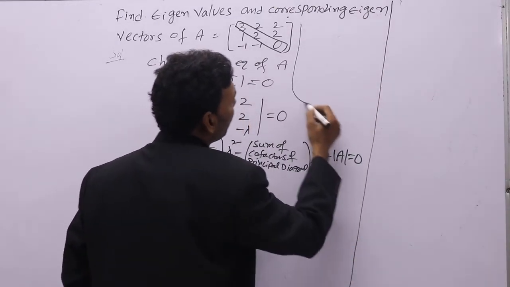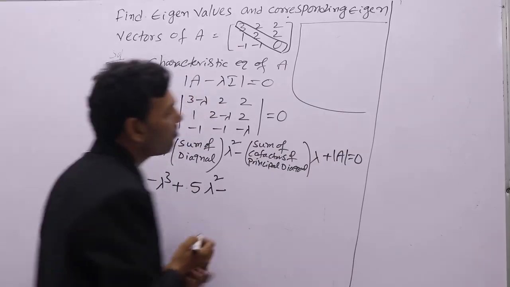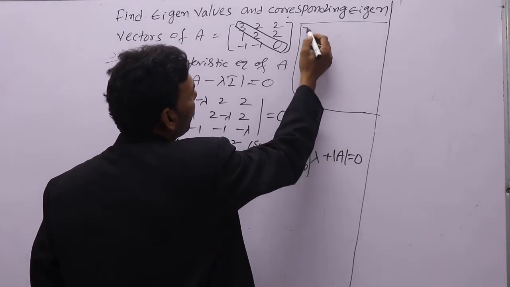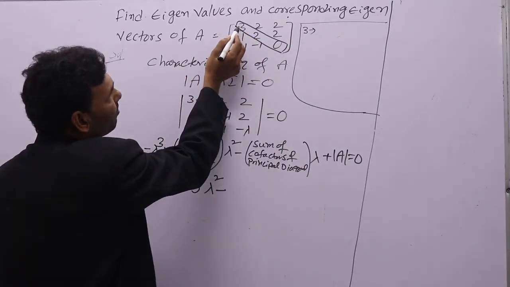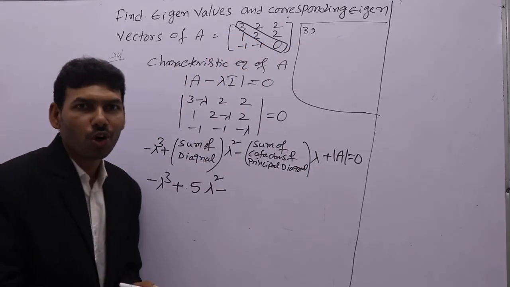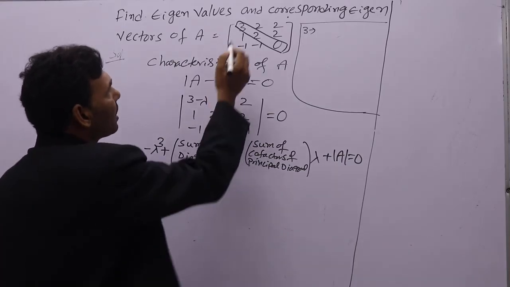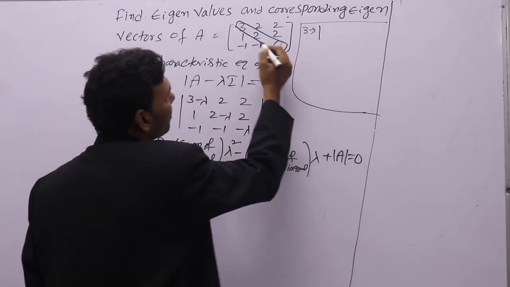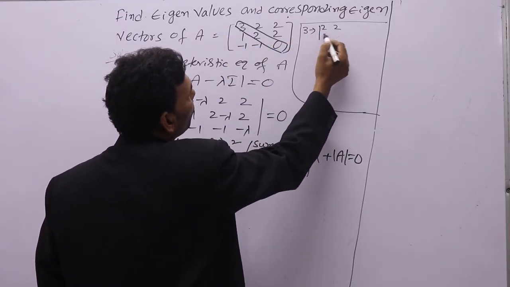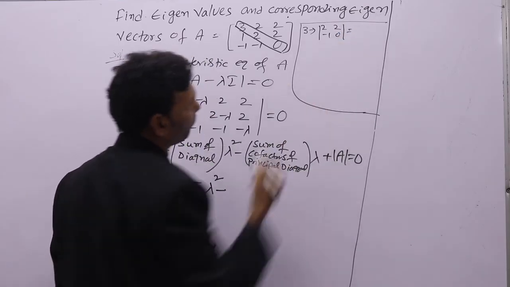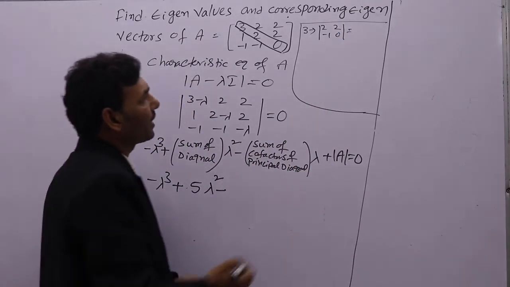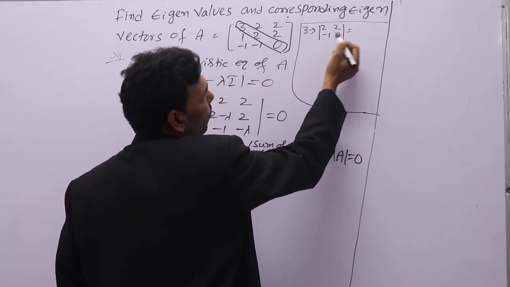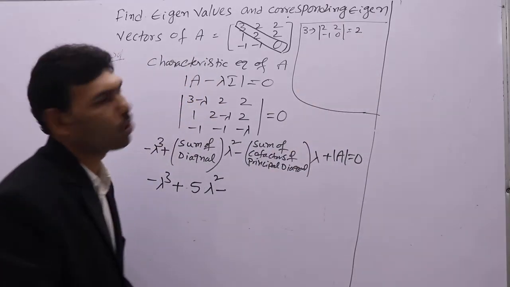In the previous problem I said how to calculate it. The principal diagonal elements are 3, 2, 0, and for each we need to calculate the cofactor. For 3, the corresponding column and row are eliminated. The remaining elements are 2, 2, minus 1, 0. Now use the AD minus BC technique: 2 into 0 is 0, minus into minus is plus, 2 1s are 2. So 0 plus 2, you will get 2.